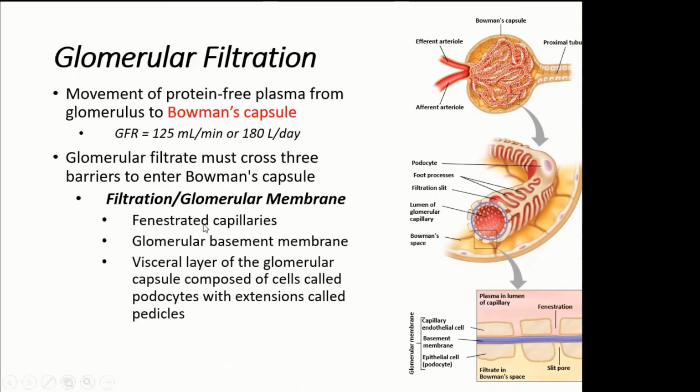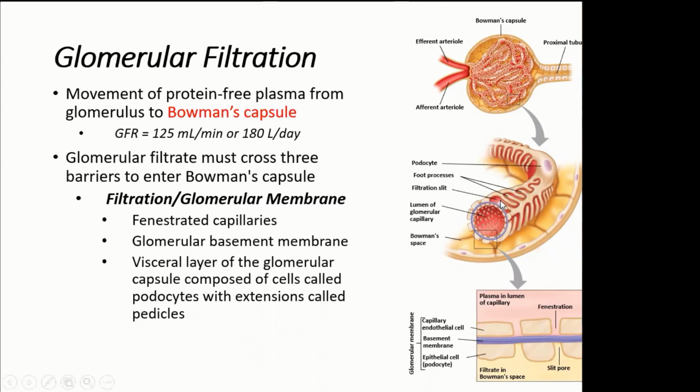And then on the other side, we have these cells that are part of Bowman's capsule. We're calling them podocytes. And that's because they have these little foot processes or pedicles that kind of spread out on top of the glomerulus. And they have slits between them.